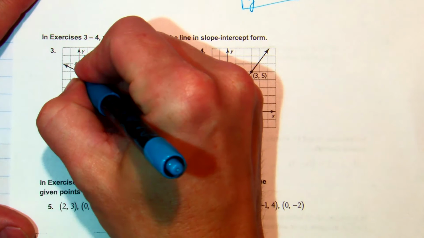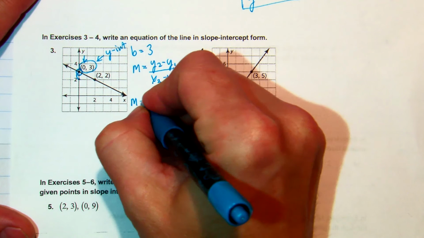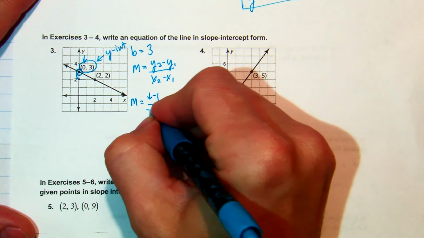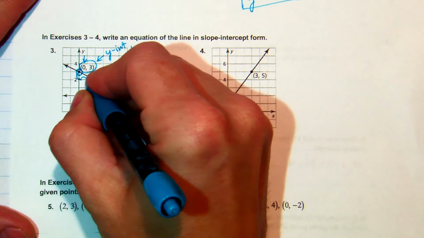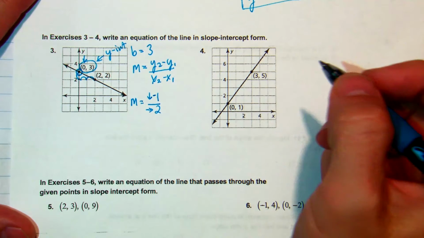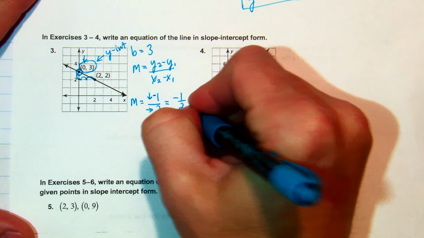And so the change in y here is down 1. So our slope is actually going to be down 1, which means negative. And then we're going to go to the right 2 spaces. And so it's going to be a negative 1 over 2. We'll rewrite that as negative 1 over 2.